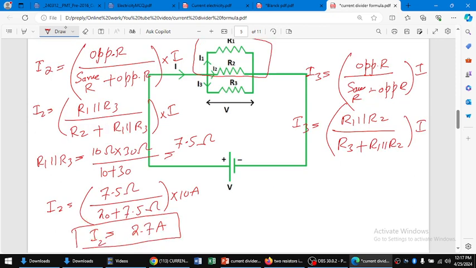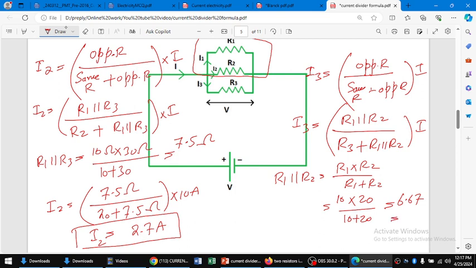First we separately solve R1 parallel to R2, which is R1 multiplied by R2 divided by R1 plus R2. That is 10 multiplied by 20 over 10 plus 20, which gives us 6.67, or 6.7 rounded to two significant figures.